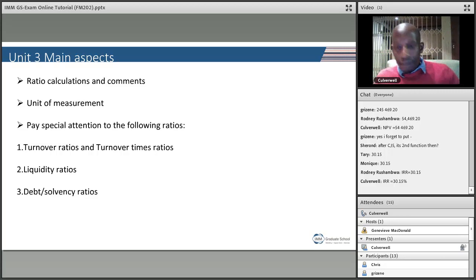So I often say to my learners that you interpret a ratio from the denominator. And I usually use this example: if I've got 10 rands and I've got 2 kids and I want to share this 10 rand equally between these 2 kids, I should be getting 5 rand. I'll say 10 rand divided by 2.